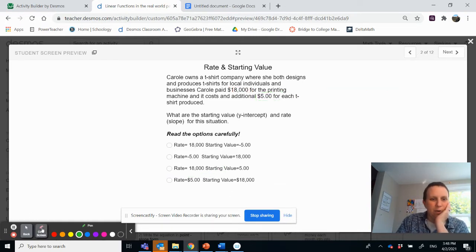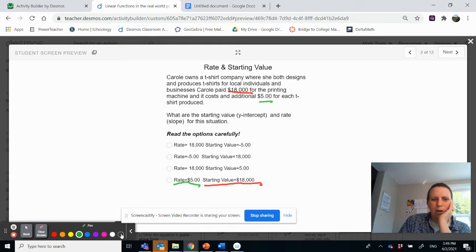I have noticed some folks accidentally switching up the start value and rate in the equation. And so I wanted to just be really clear about that. The start value here is $18,000 and the rate is $5.